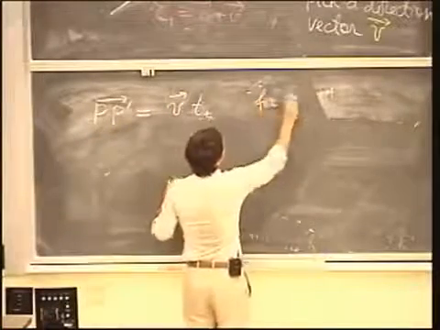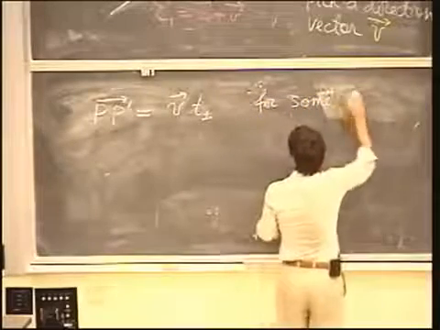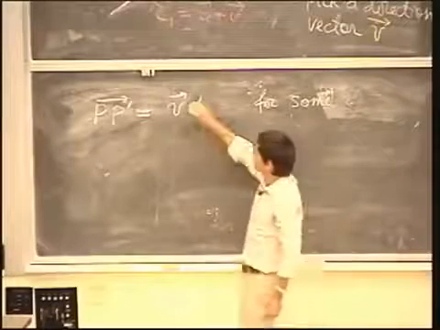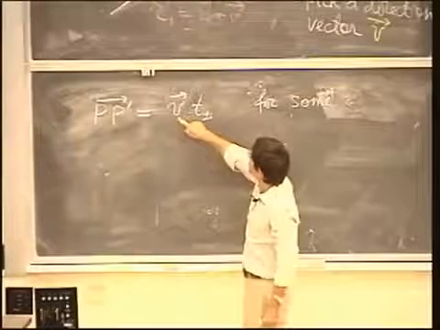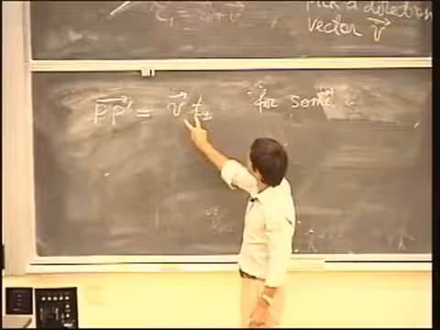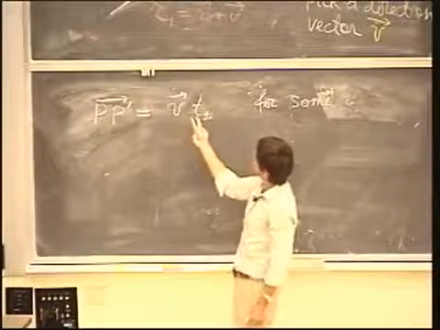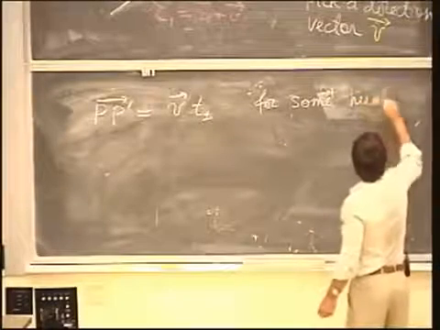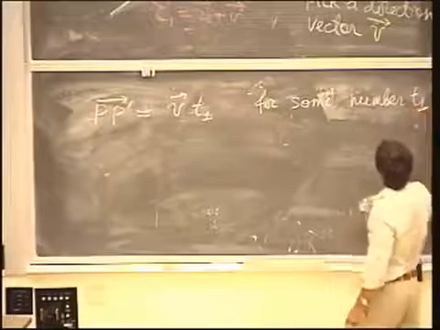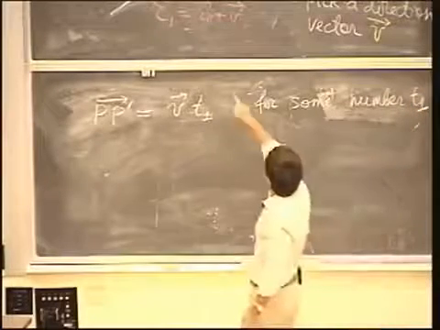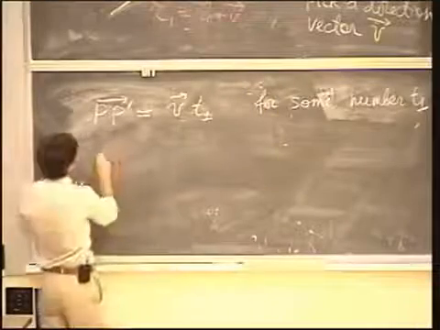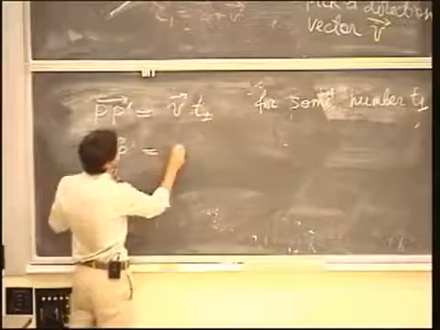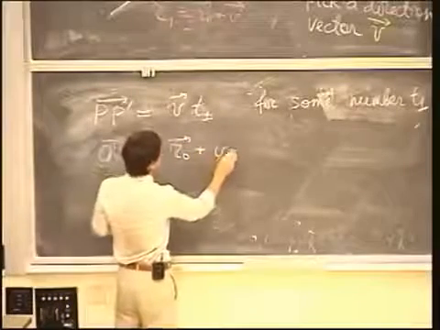For some number. Actually, this simply means the product of v and the scalar t. We can write it like this, or we can write it in the reverse order, t1 times v, it doesn't matter. For some number t1. Right? But if so, then I can find the vector OP prime as R0 plus v times t1.